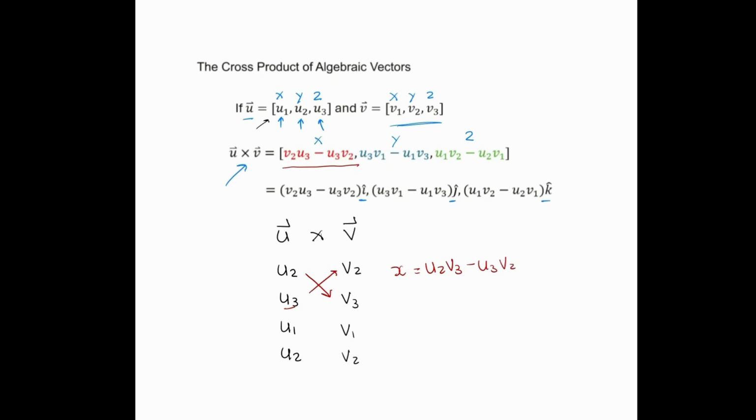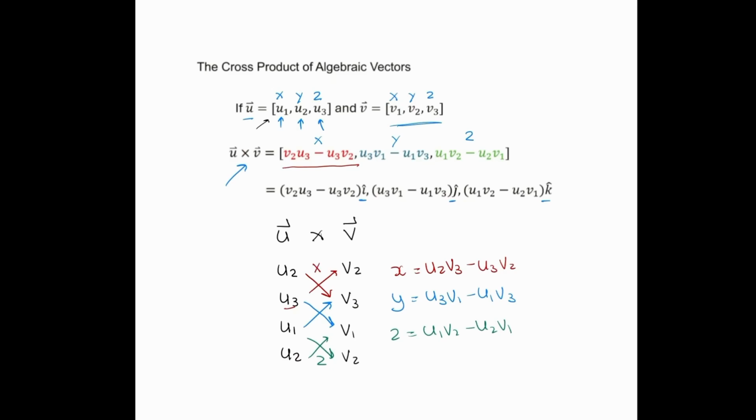My y values, now I just go down the row and I cross again. My y value will be u3 times v1 minus u1 times v3. And last but not least, my z values will be u1 times v2 minus u2 times v1.